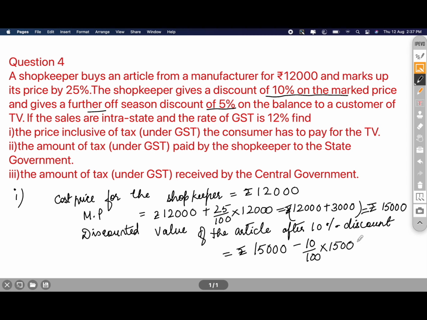If you simplify this, you will get the value as 13,500. Right?